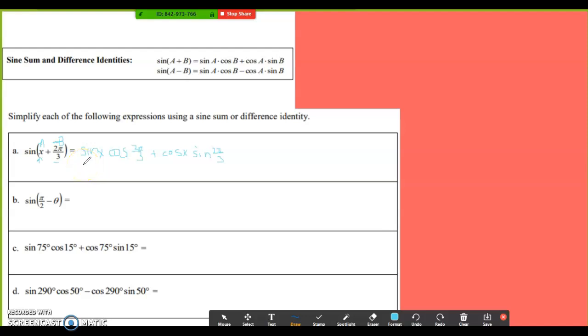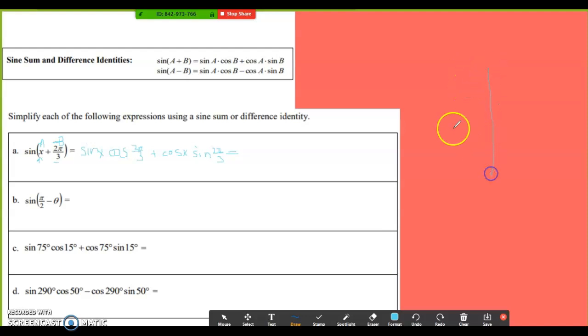And now what I'm going to do is just substitute into the formula the aspects that I know. The only thing I know is that 2 pi over 3 is an angle on the unit circle, and that means that I know its sine and its cosine value. So 2 pi over 3 is going to have the same sine and cosine as pi over 3.